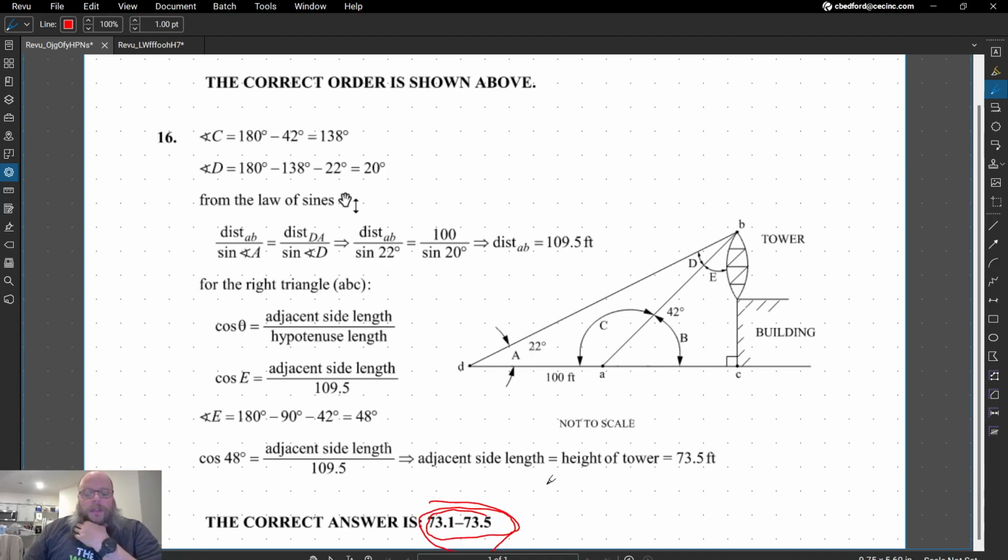It is not a single answer. If you'll notice in their math and their solution, they only carried out to the tenth the entire time, but they do account for your final answer being there. So 73.2 is what we got, which would be considered a correct answer.